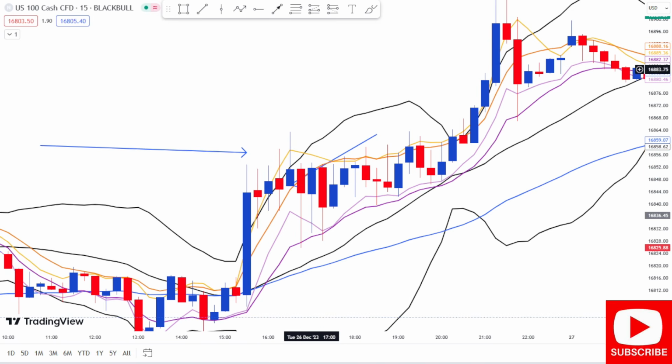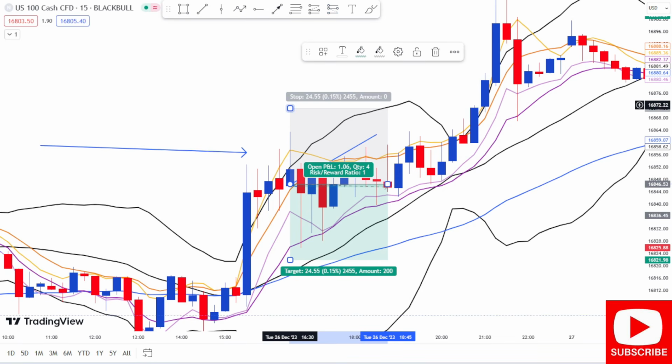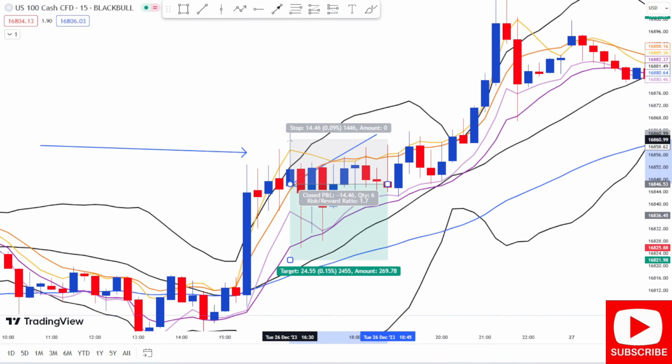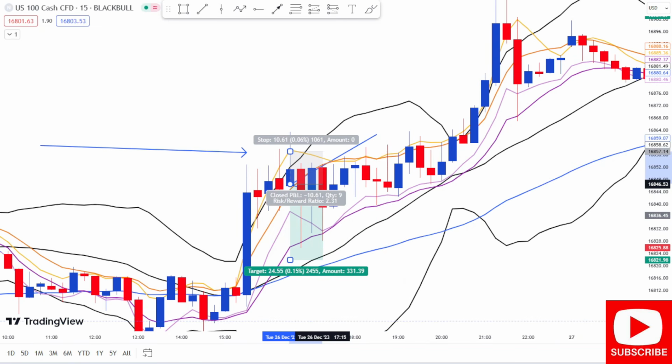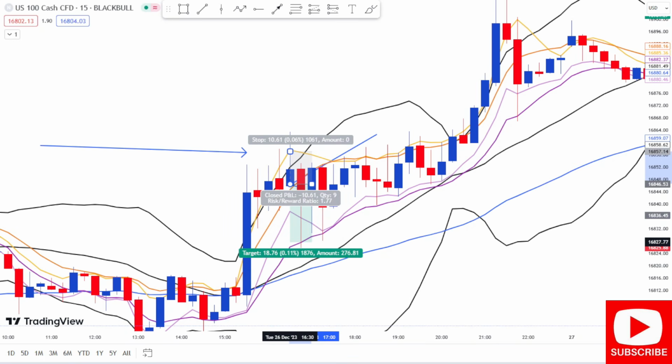So for this example, we are going to be selling, take our sell positions, and we'll be entering at the close of the candle. Stop loss is going to be slightly above the top Bollinger Band, just slightly above, because it is not going to pass the Bollinger Band again due to the condition of the extreme sell. And our take profit is going to be the moving average 10 low right here.